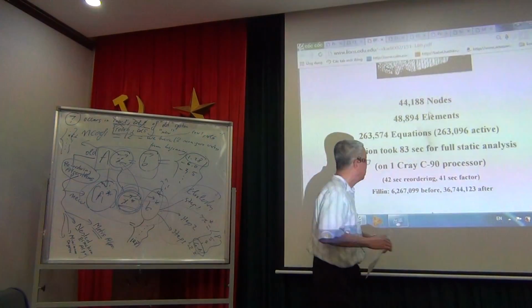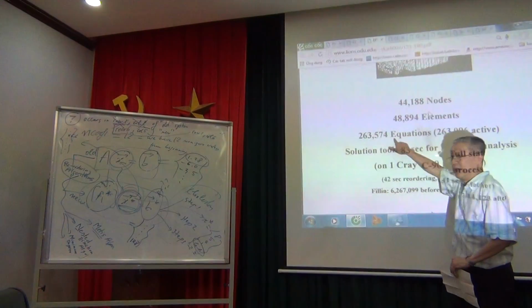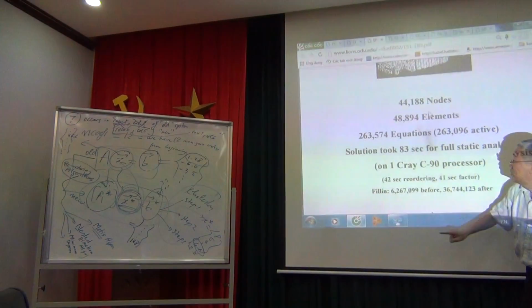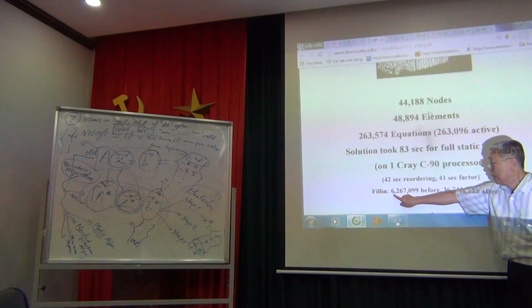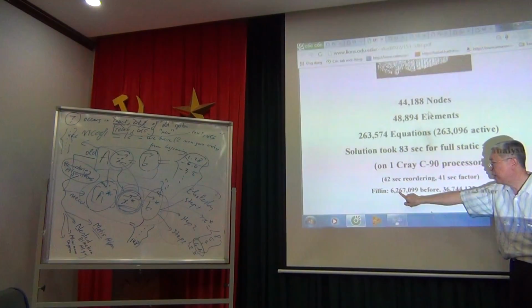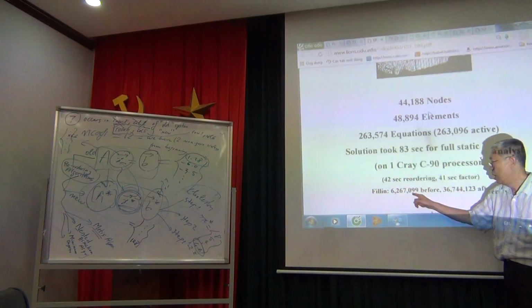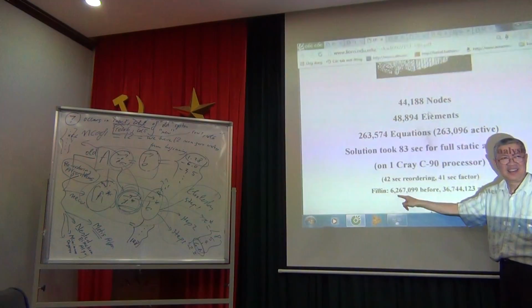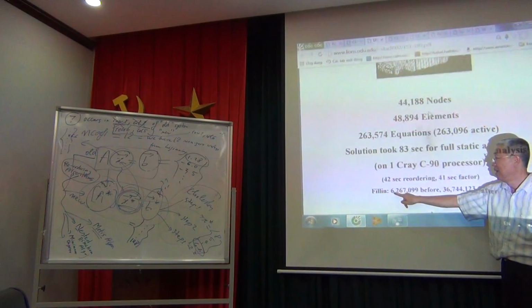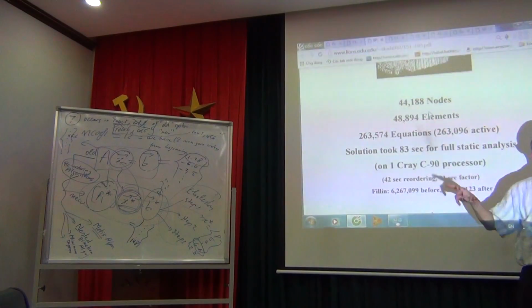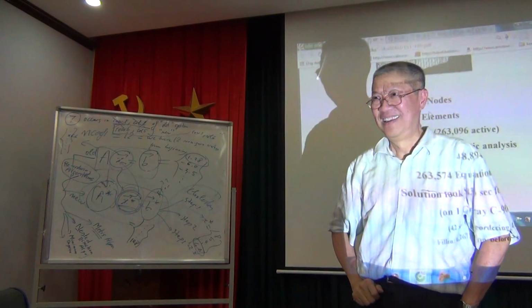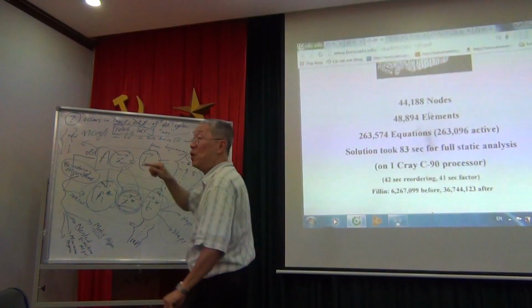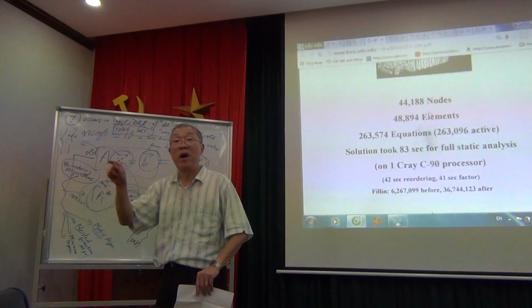But the important thing is, for this matrix, you have 6,267,000. What does this number mean? Can somebody tell me? You have more than 6 million non-zeros from the very beginning. Remember I told you NCOEF1 equals 12?